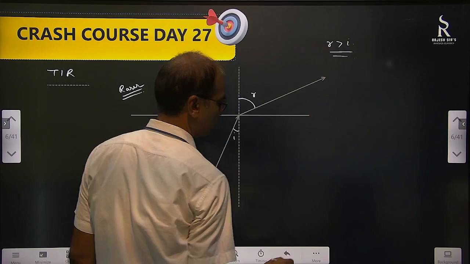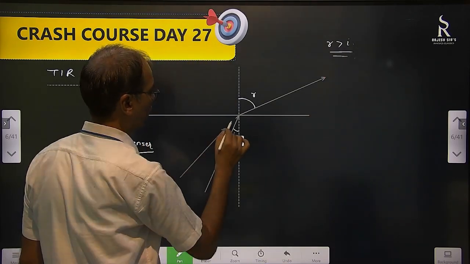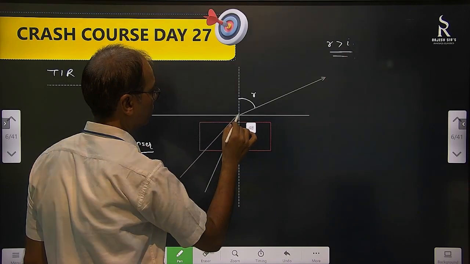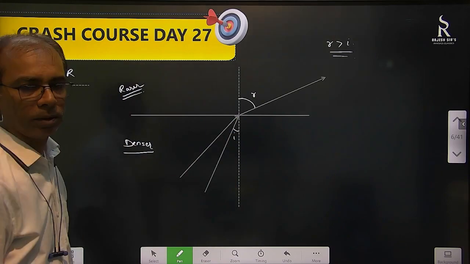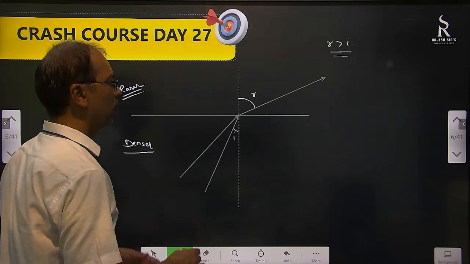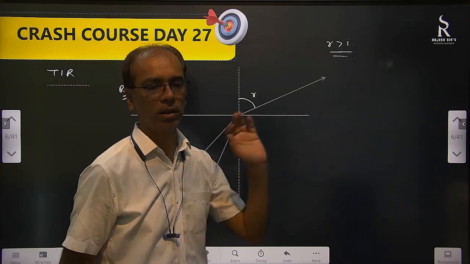Now we increase the angle of incidence. We made the angle of incidence like this. Because of this, the angle of refraction became maximum. What does maximum angle of refraction mean? It became 90 degrees.